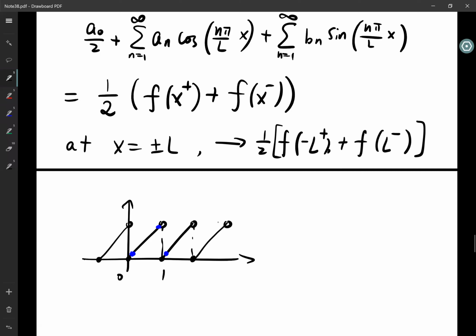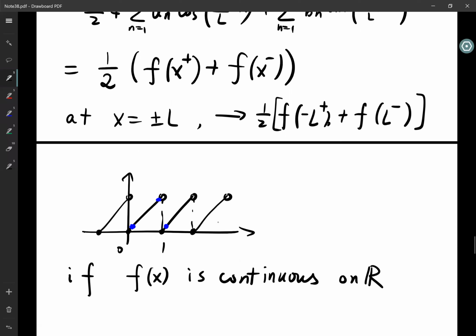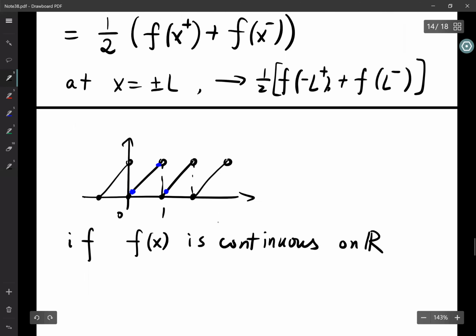So this might look a little bit weird. Why do you average them? This is actually quite intuitive. If f is continuous on the entire R, then this is not a problem at all, because for a continuous function, the right limit and the left limit are the same, they are f(x).